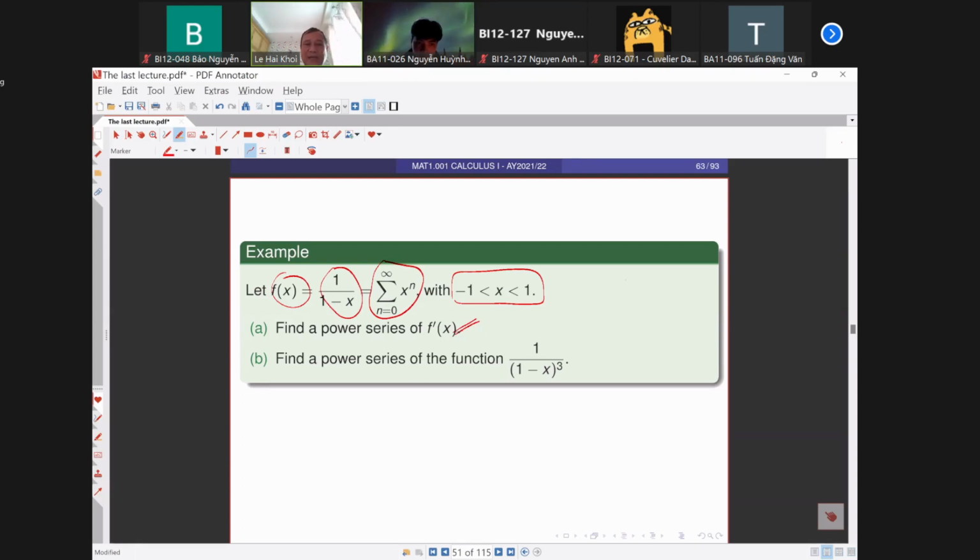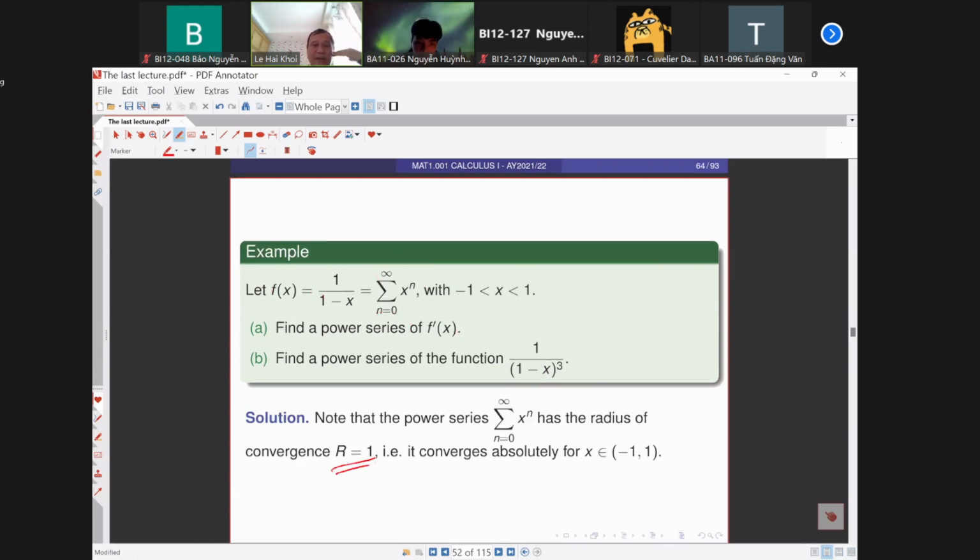If you look at f prime, it is 1 over (1 minus x) squared, right? Because here you have minus x. So how to get the power series of this function? Not easy. But if you understand that you already have the representation of f(x) in a power series, you can do it by differentiation term by term, right?